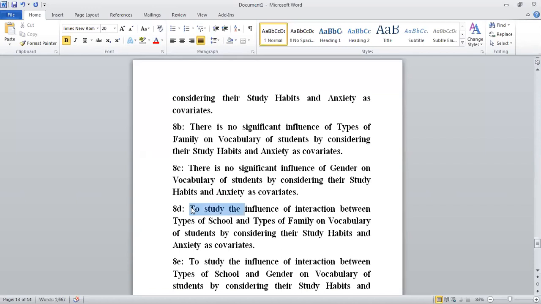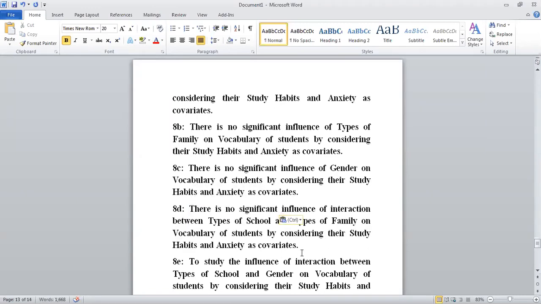Now this is the hypothesis for the interaction: there is no significant influence of interaction between types of school and types of family on vocabulary of students by considering their study habits and anxiety as covariates.